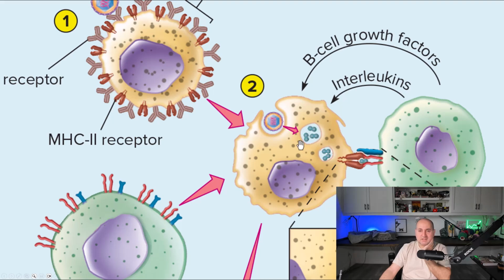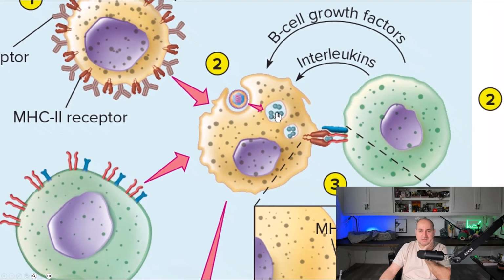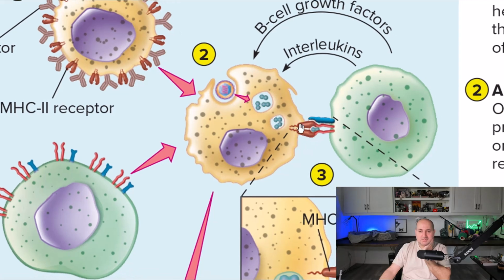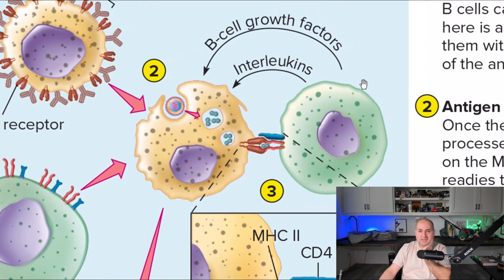And then these fragments can serve as antigens. Do you remember this? The B cell is also a professional antigen presenting cell. So that means that it can take these little fragments of that virus and use them as antigens, place them on, remember, place them on MHC II, presenting them to helper T cells.